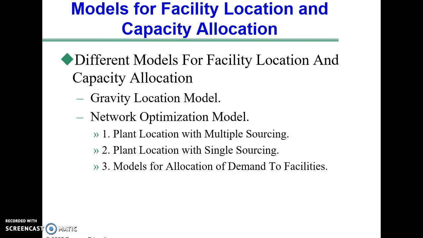Suppose there are four marketplaces with a demand for a product, and the company has a number of facilities from which that product can be shipped to the various markets. Now the supply chain manager has to decide which market segment has to be allocated to which facility. So this model can be used for that purpose.